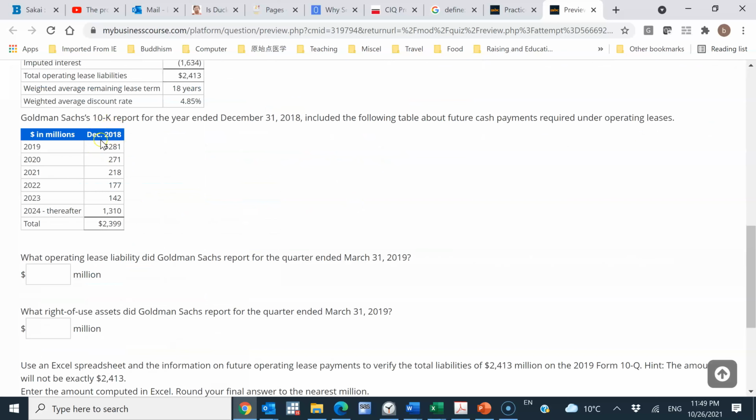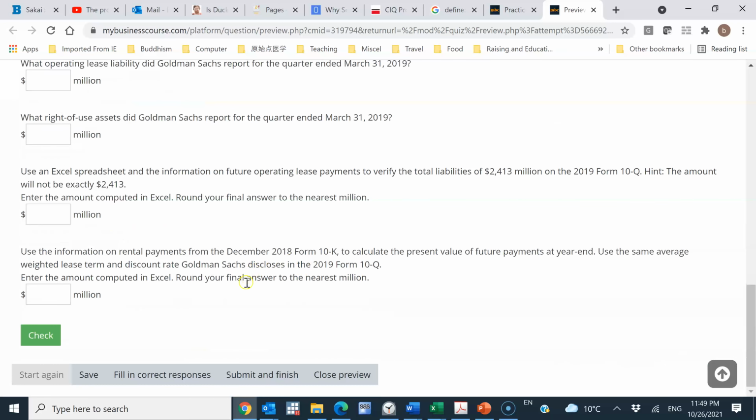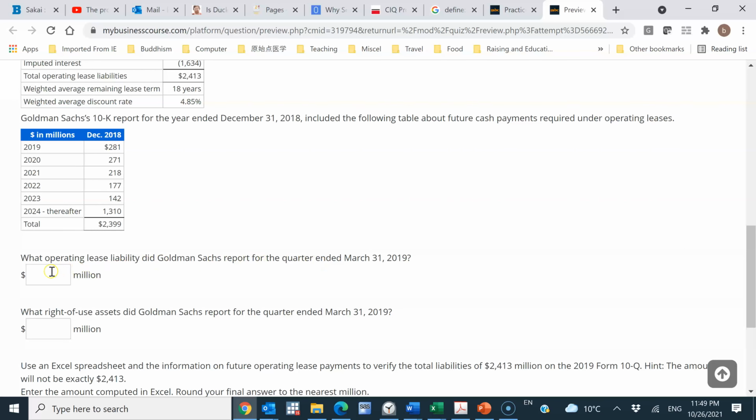We also are provided with the expected lease payments in the future, and we also need to figure out the total present value of that. So that's going to be the last part of this question. So we start from the first one.